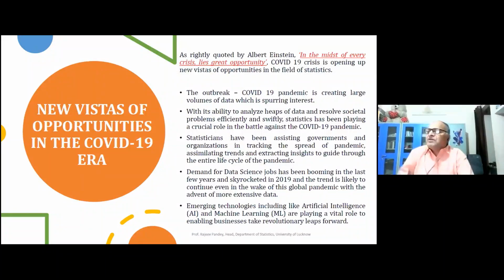Emerging technologies, including data science, artificial intelligence, and machine learning, are playing a vital role in enabling businesses to take a revolutionary leap forward. Given that data science has emerged as the fastest growing skill in the technology sector, there is a huge demand for professionals with data science skills.